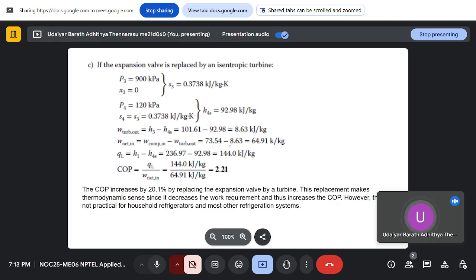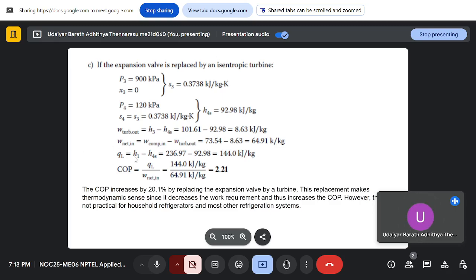For this you can get it straight away from the chart, or you have to find the dryness fraction and then calculate the enthalpy. In this case the turbine output will be 8.63 kilojoule per kg, and the compressor net work provided is now reduced by 8.63, so it comes out to be 64.91 kilojoule per kg.